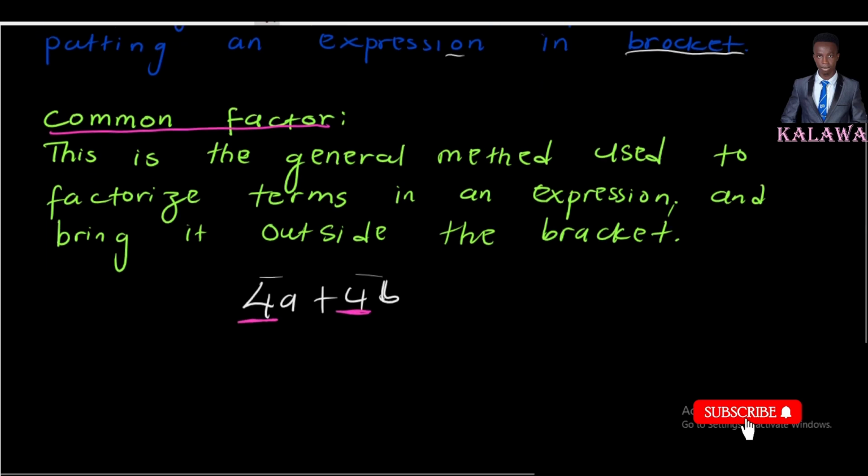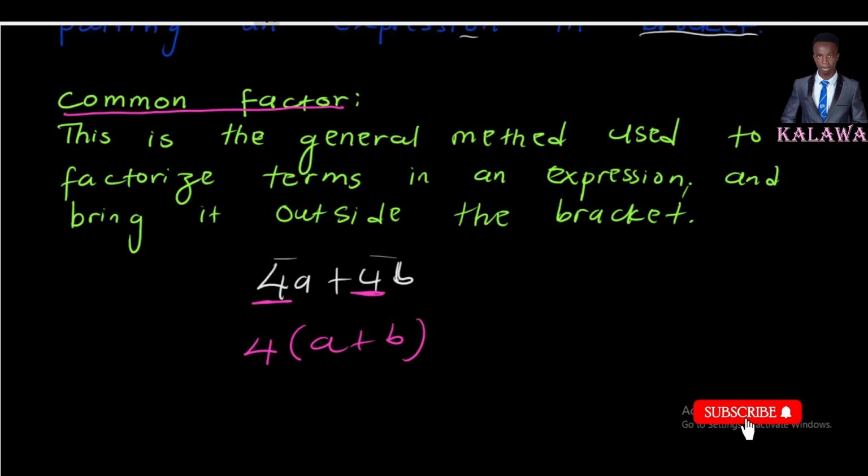So what we do is take the common factor out, which is 4, and the remaining we place in the bracket, which is a plus b. So this is a simple understanding of a common factor when factorizing.